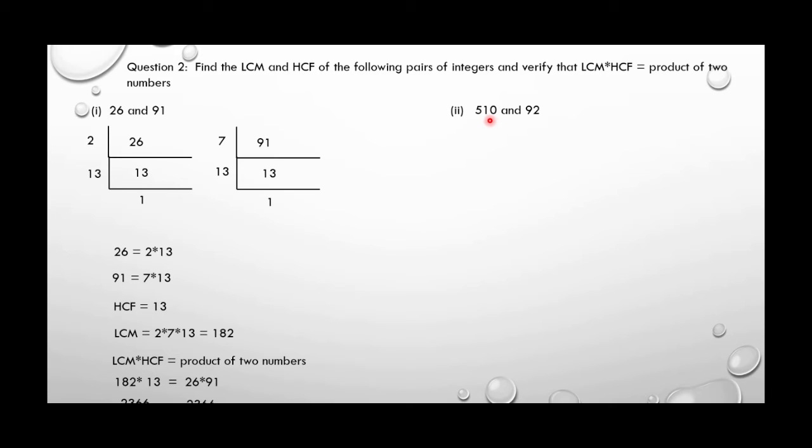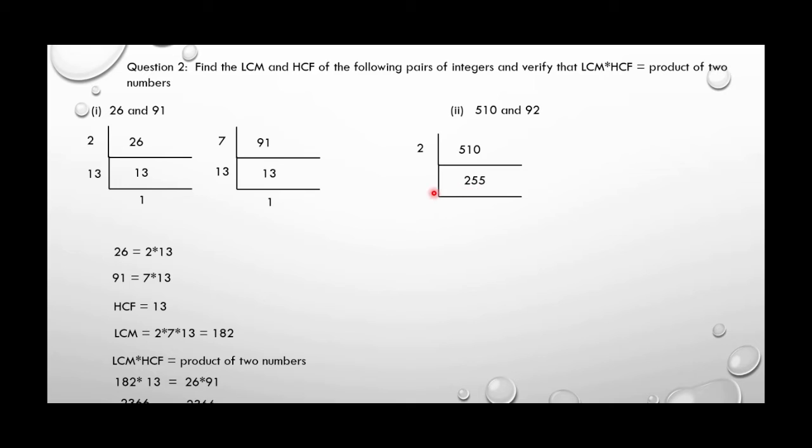In order to find their LCM and HCF, we need to find the prime factors of both 510 and 92 separately. In order to find the prime factors of 510, we need to find the least number which is divisible by it. Therefore, the least number which is divisible by 510 is 2. When we divide 510 by 2, we get 255.